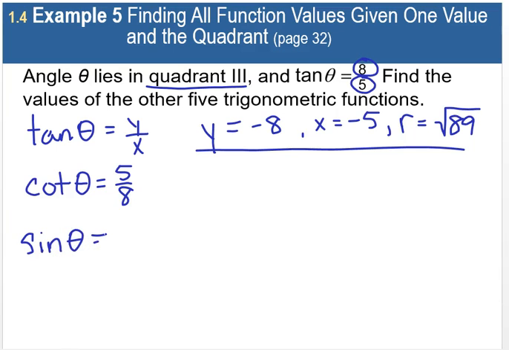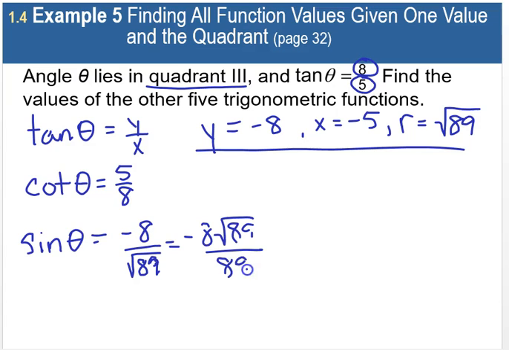Now that we figured out what r is equal to, we can figure out that it is equal to y/r. So -8 over square root of 89. All right. Remember, rationalize that denominator. So -8 square root of 89 over 89.